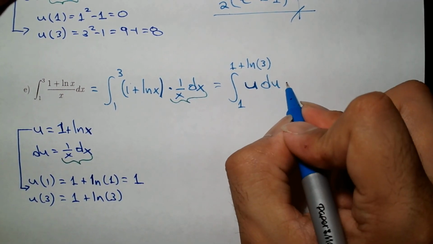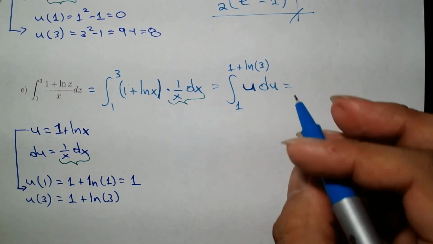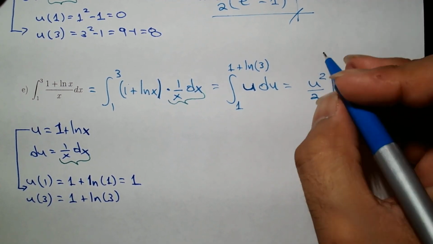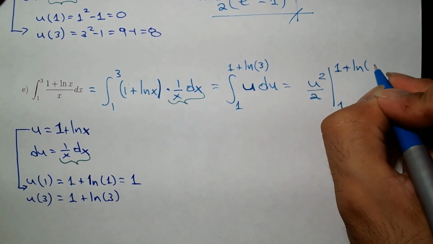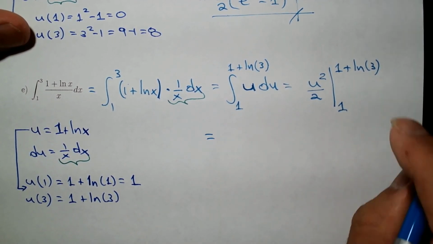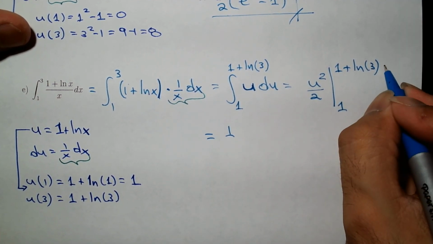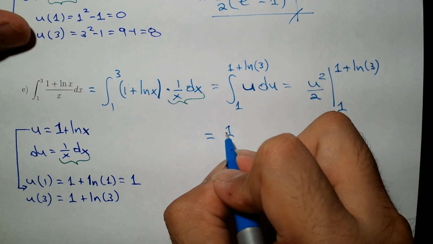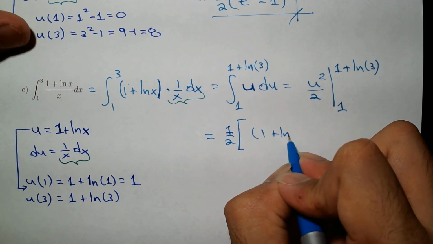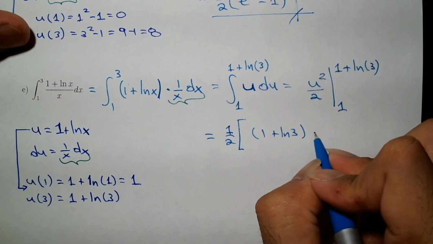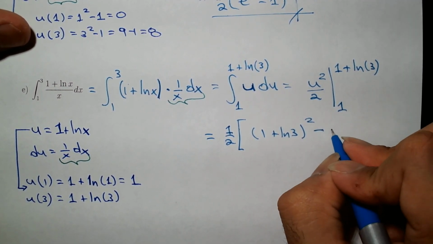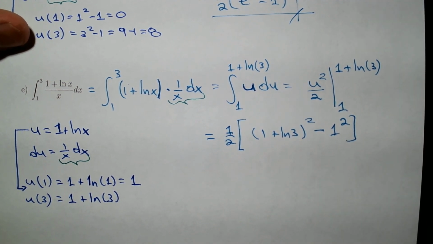So the integral of u du, what is that? Well, u squared over 2 evaluated from 1 to 1 plus ln of 3. Okay, so now the next step is to evaluate the function at the upper limit and then the lower limit. So 1 half, I'm going to have 1 plus ln of 3 squared minus 1 squared, which is going to be simply 1.